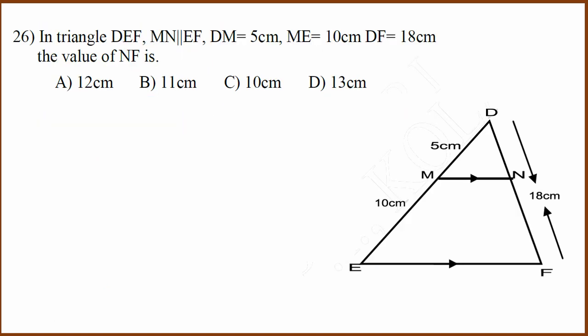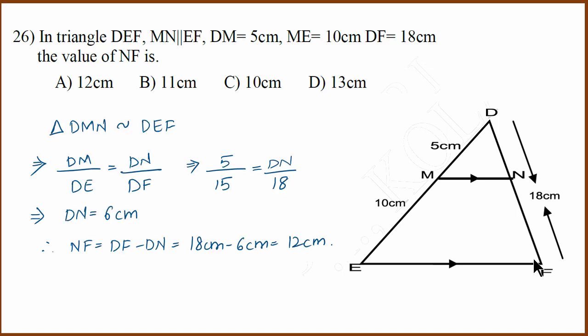26th question, triangle question. Let's see what is the question. This MN is parallel to EF. DM is given, ME is given, this entire DF is given. We have to find NF, the lower part. So let us use similar triangles in this case. We know that this small triangle is similar to the big triangle because these two are parallel, which means DM, the small triangle side, divided by the big triangle side, which is DE, will be equal to DN divided by the big triangle side, which is DF.